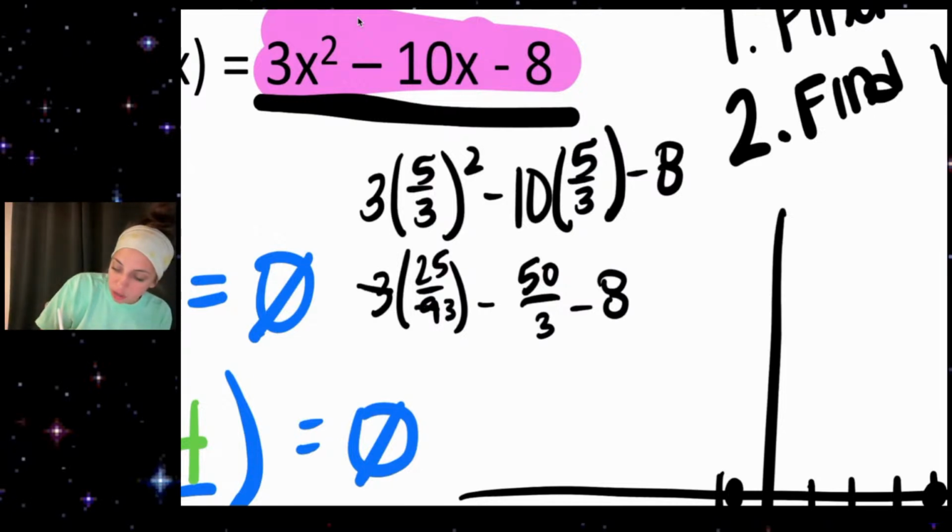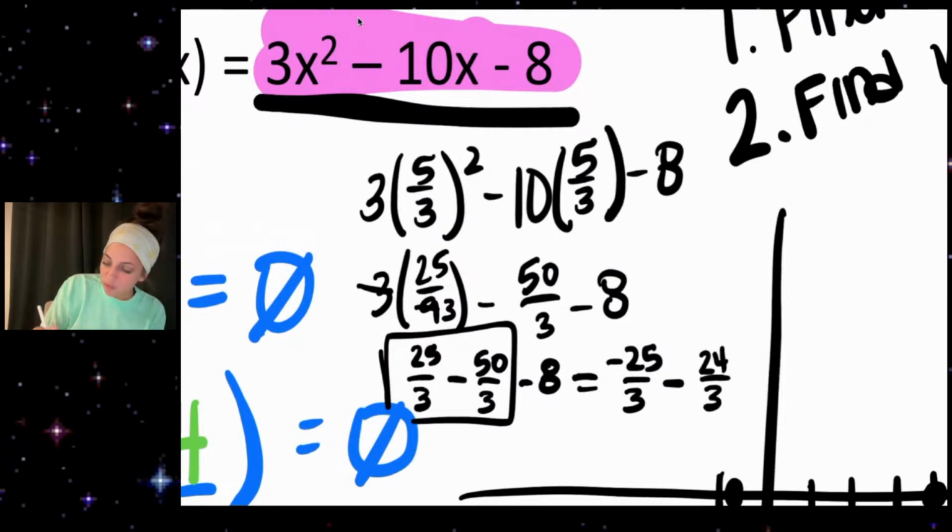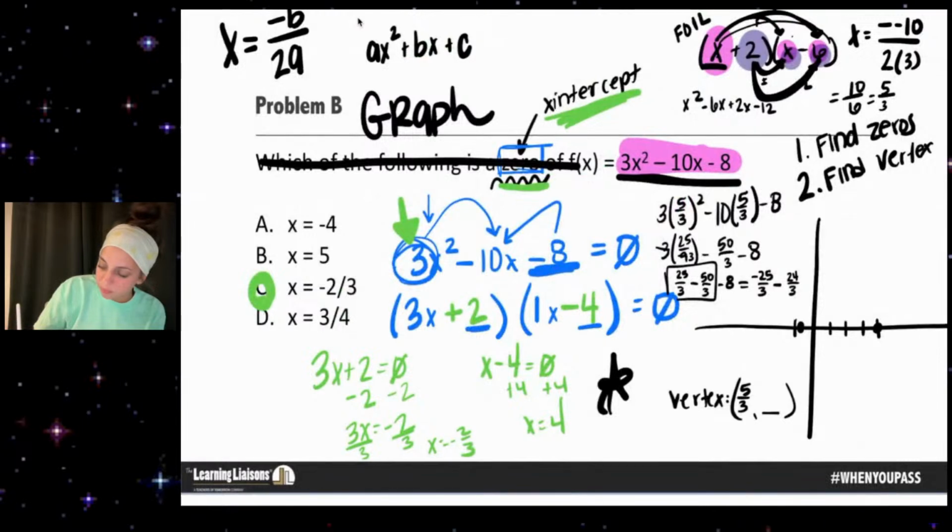These cancel out, so 25/3 minus 50/3 minus 8, negative 25/3 minus 8, which is the same thing as 24/3. So that equals negative 49/3. So over 5/3, down 49/3, and then I can graph my parabola.